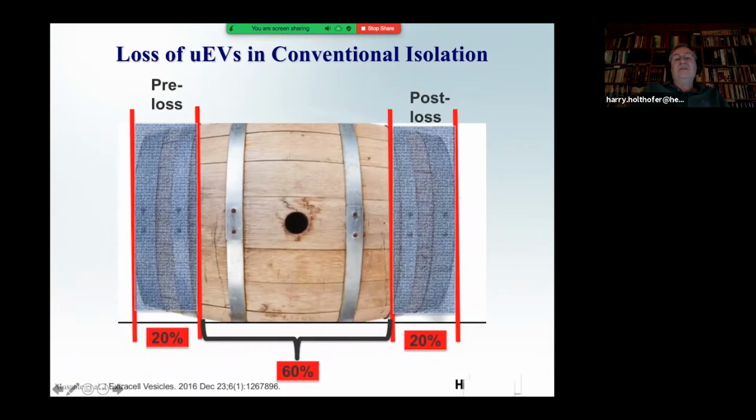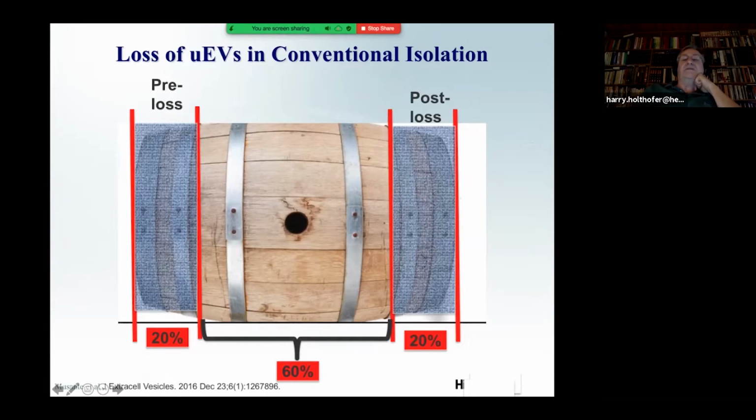And to put it very simply, if this barrel here is the total urine and its contents of extracellular vesicles, we have clearly shown with Luca Musante in Dublin that in the pre-analytical steps, we are losing between 20 to 30% of vesicles.